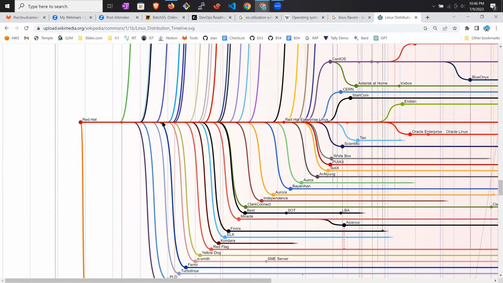And from that, a lot of companies have taken. From this, Red Hat Enterprise Linux was cloned and rebranded. Another company, Oracle Linux, OEL, also cloned it, rebranded it and started selling it. Similarly, you can also see there is another operating system called Indian, which is also cloned. And if you see CentOS, can you see this here?